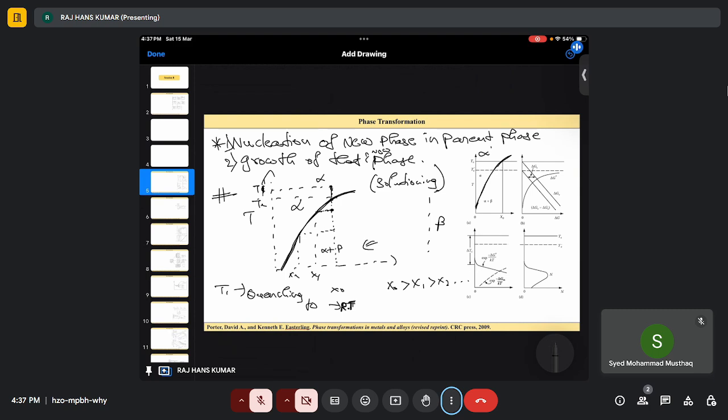So at room temperature it should have X5, but while quenching, it has X0. That means it is a supersaturated solid solution. It has more amount of solute than it is allowed, right? So that is what we call a supersaturated solid solution.